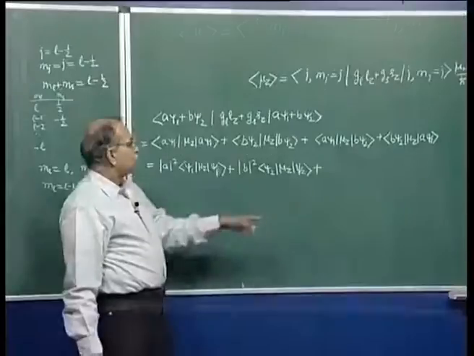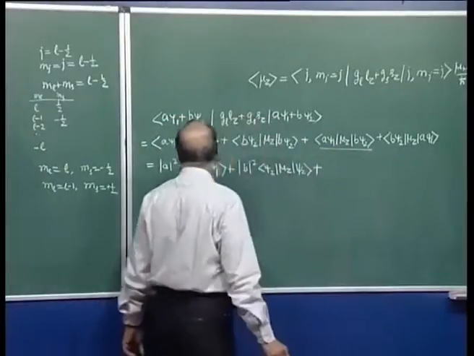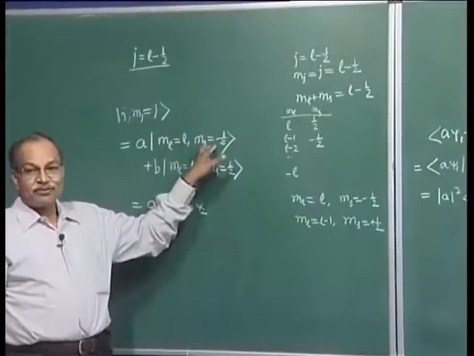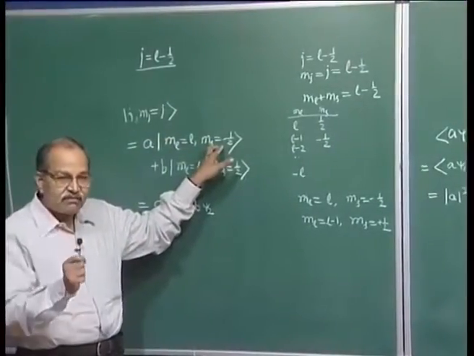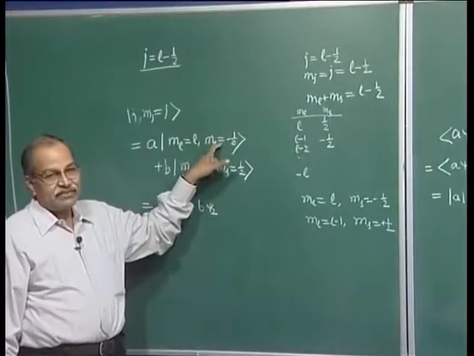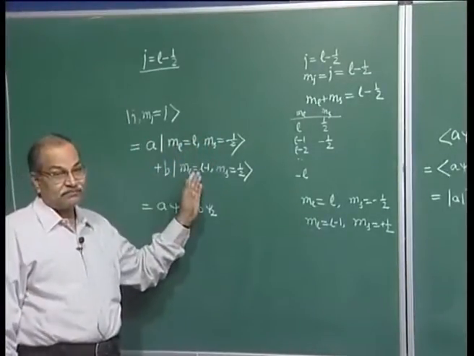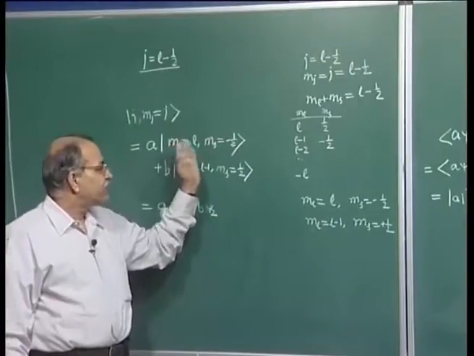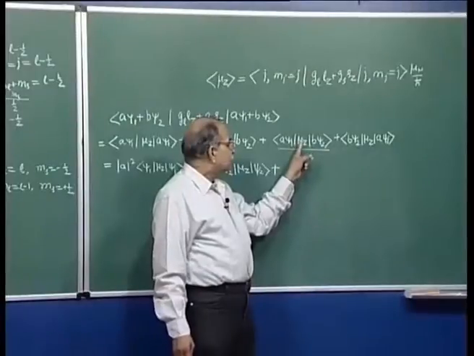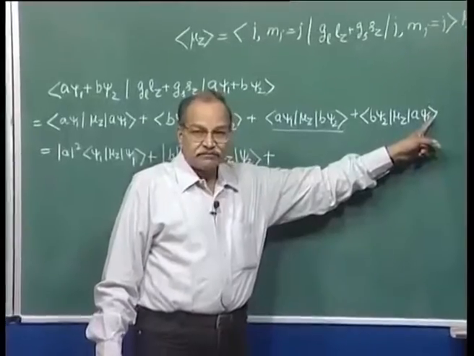Why should they become 0? Because if you look at psi 1, for example, psi 1 is ml equal to L and ms equal to half. So, in psi 1 ml has a definite value and ms has a definite value, not in the actual wave function. Actual wave function is a psi 1 plus b psi 2, but in psi 1 ml and ms are definite.